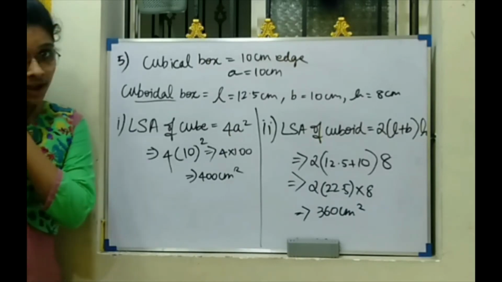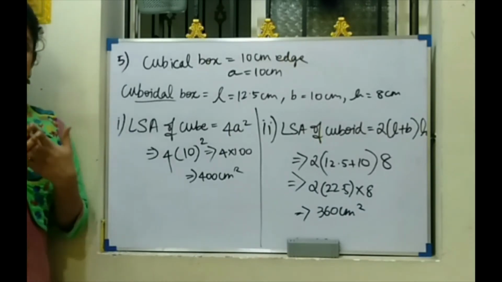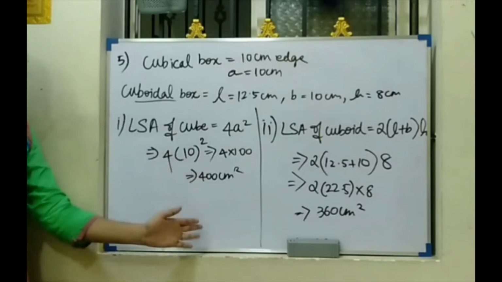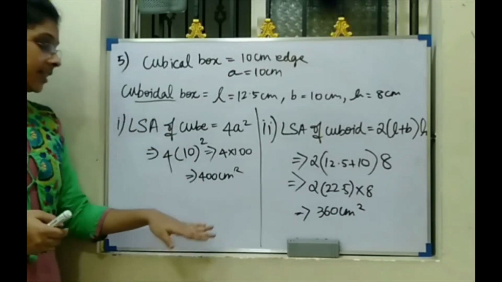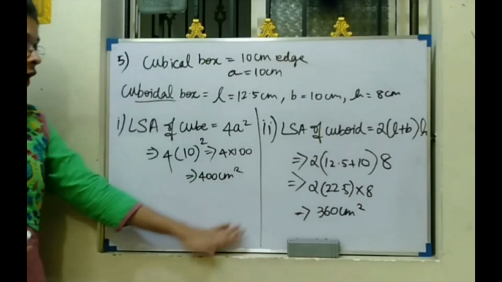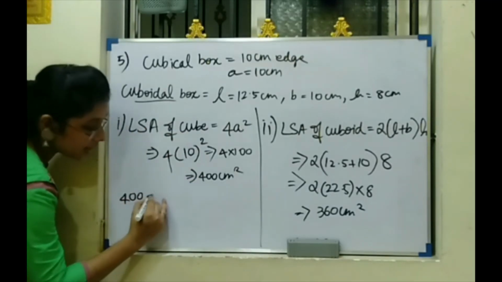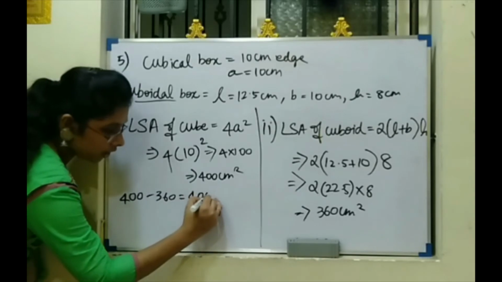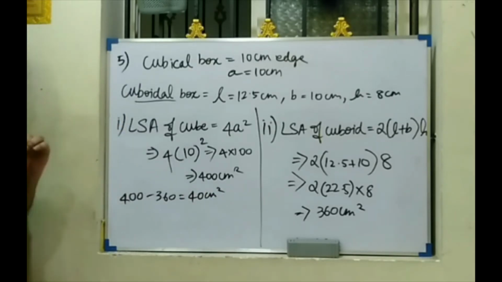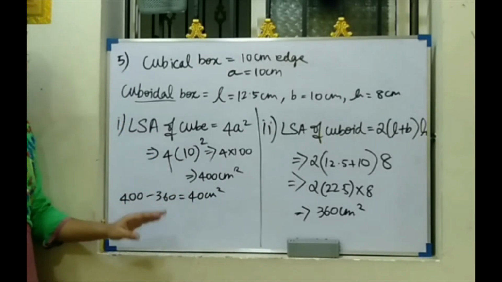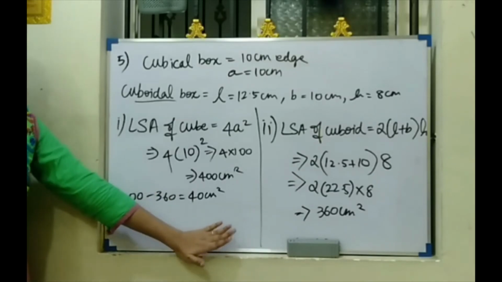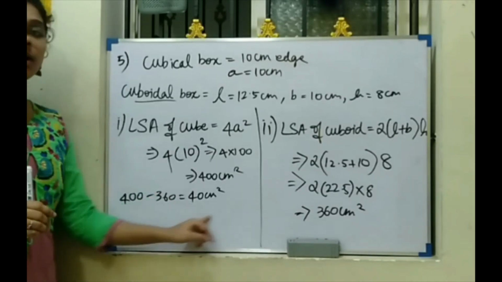Now, what we have to find: which is greater than which by how much? So it's clear that LSA of cube is greater than the LSA of cuboid. By how much means we have to find the difference between them. That is 400 minus 360, which is equal to 40 centimeter square. So you have to write at the bottom that cubical box has a greater lateral surface area by 40 centimeter square.